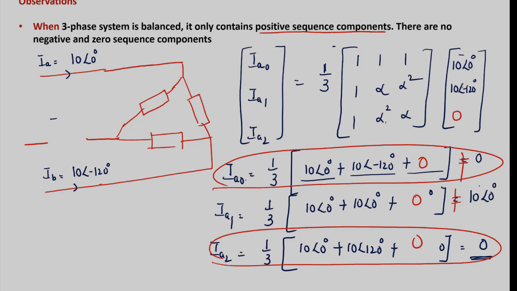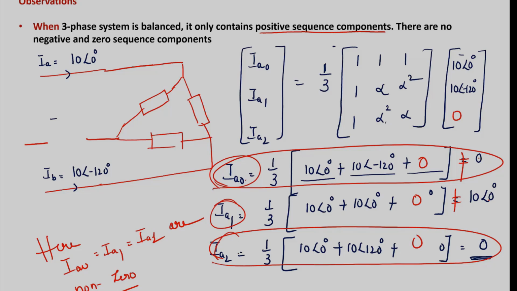That means all three sequence currents will be present. Can anyone tell what is the fault which I have simulated here? It is a single line open circuit fault. So in this fault, all three currents are present: positive, negative, and zero sequence.